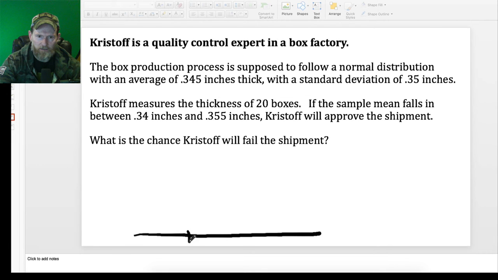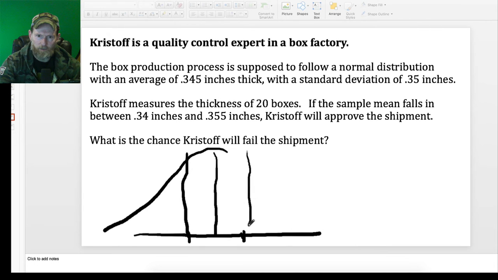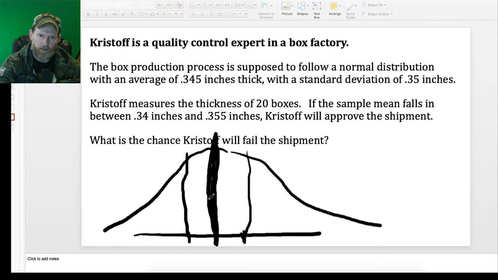If we have a tight interval around the mean, and that means that, A, we want this standard. We ideally want every box to be this thickness right here. But if we can't achieve that, we don't want to be too far off.